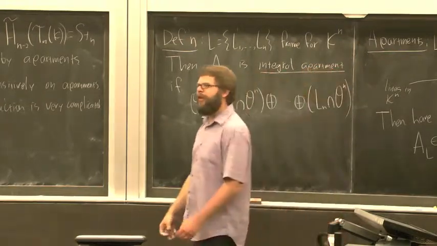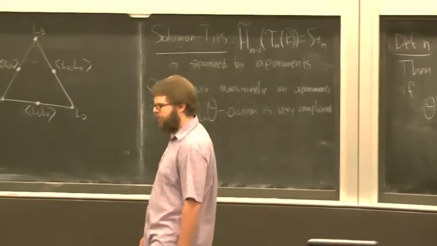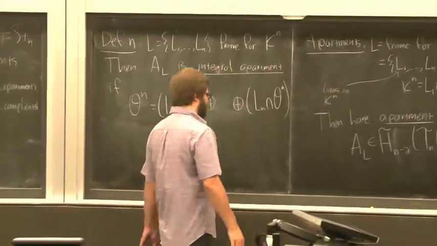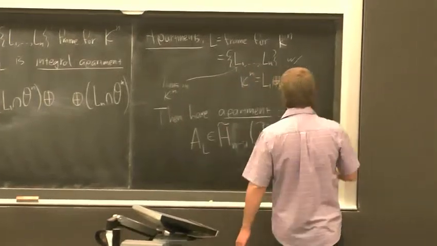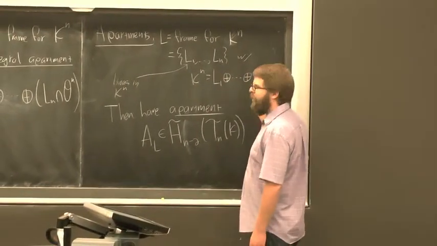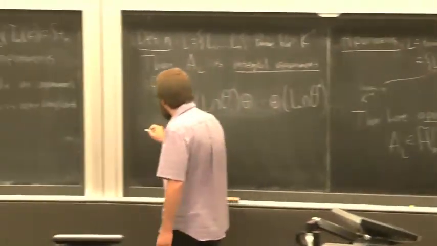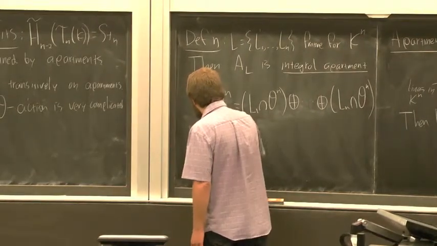So not every apartment is integral. These are ones that correspond to direct sum decompositions of O^n. Let me show you an example of a non-integral apartment.